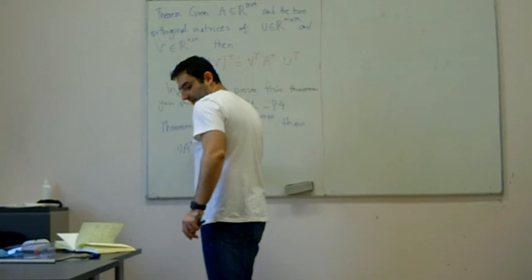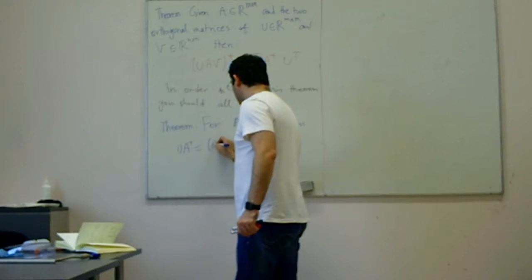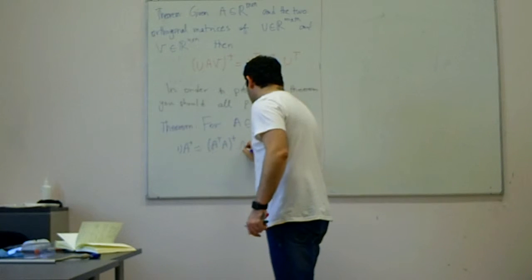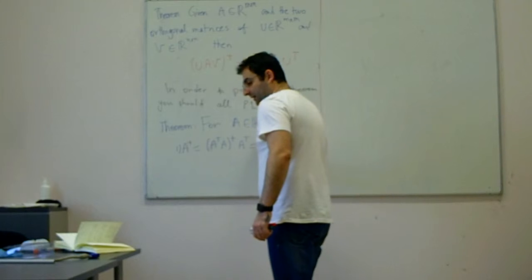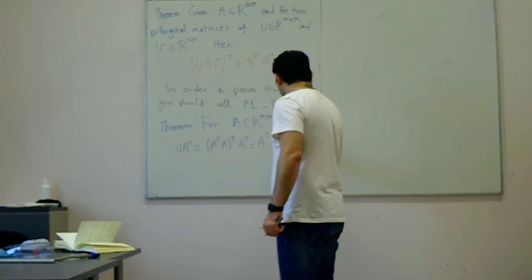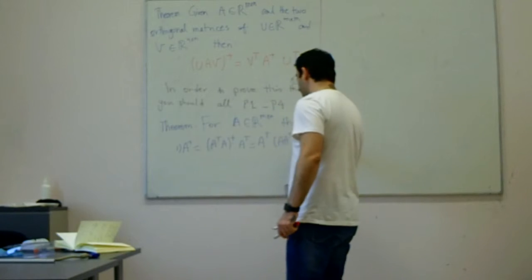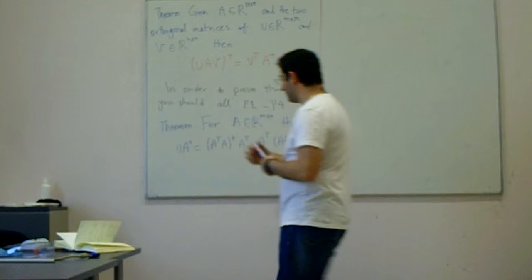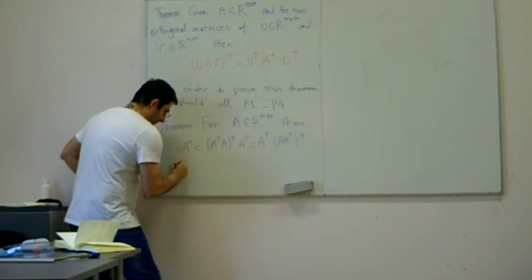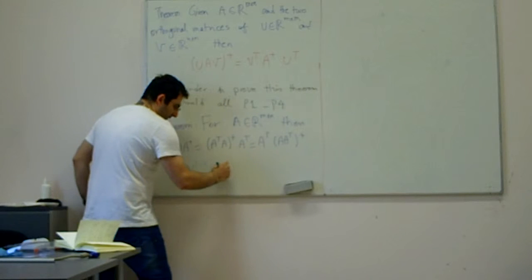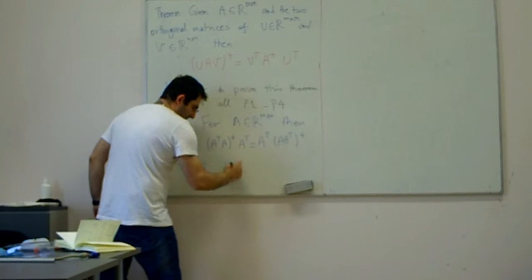A plus is (A transpose A) plus multiplied by A transpose, which is A transpose multiplied by (A A transpose) plus. And number 2, which is very useful, is A transpose plus is equal to A plus transpose.